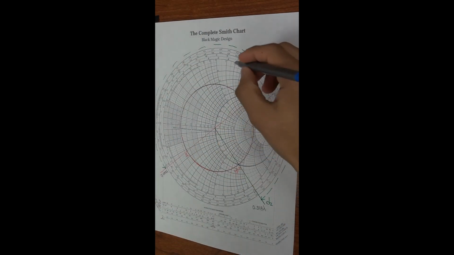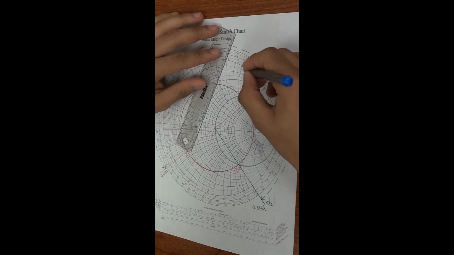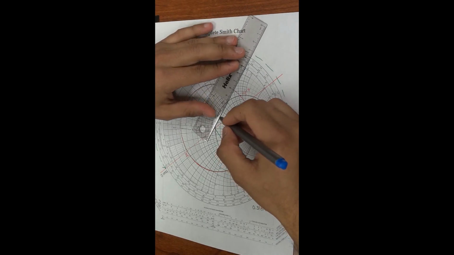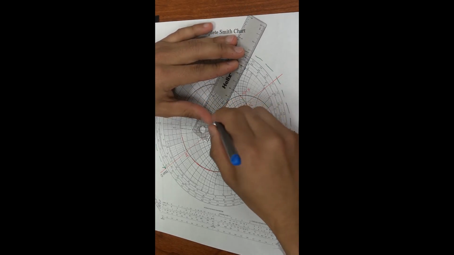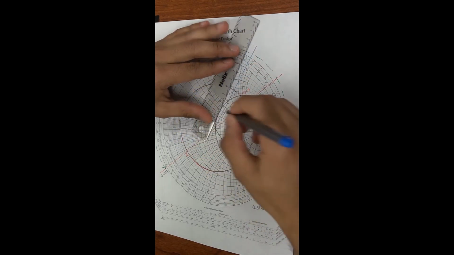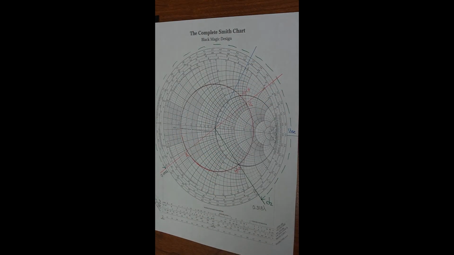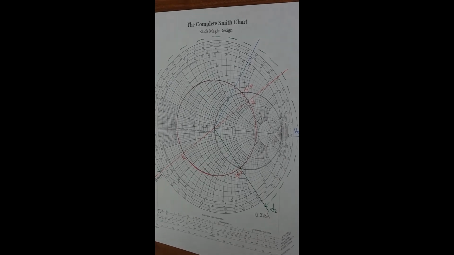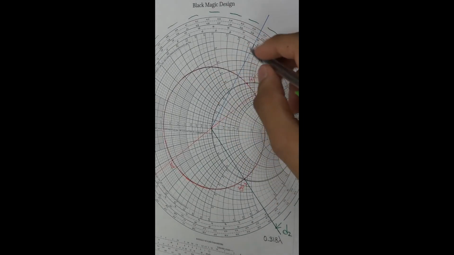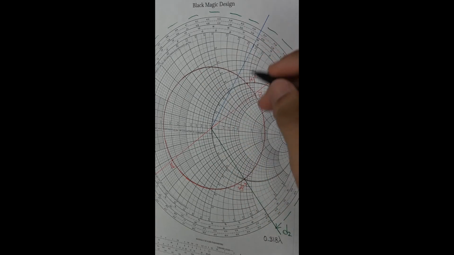In order to do that, we need to mark the 1.7 line, which is this one, and draw a line from that point to the center of our Smith chart. That line will determine the position to where we need to walk in order to find the length that we need for L. So let's mark that down.